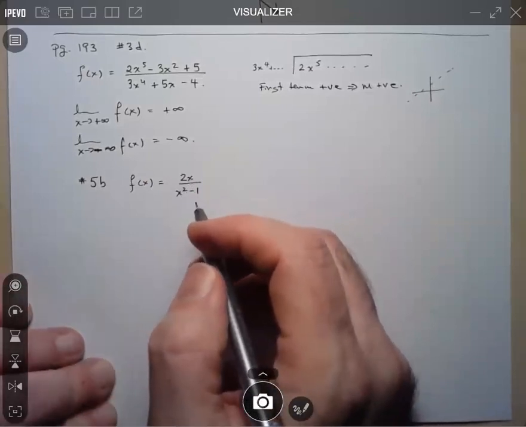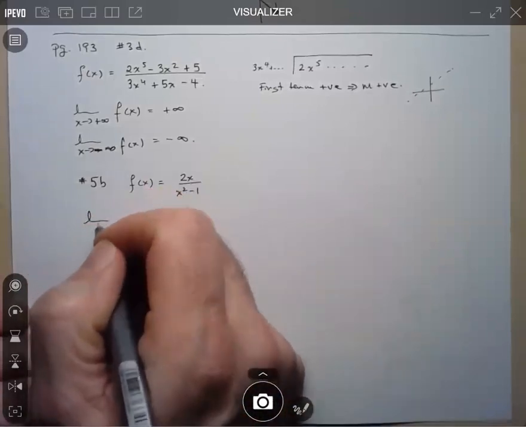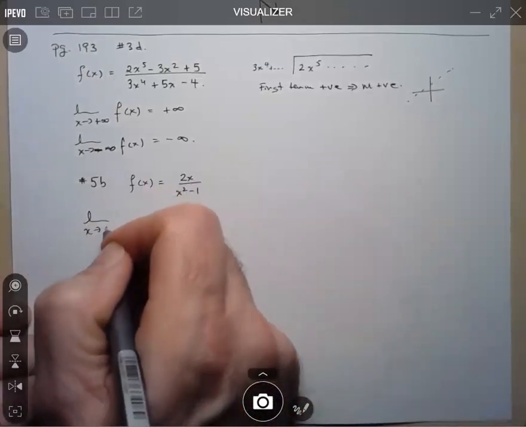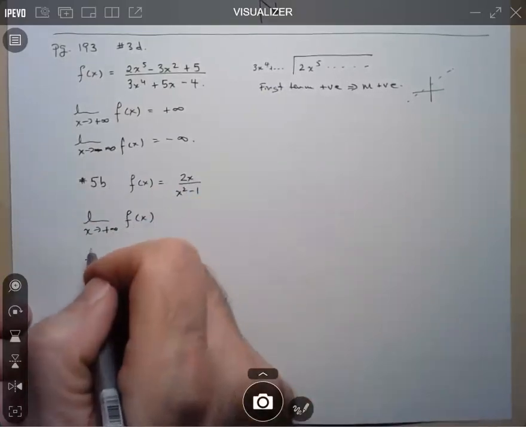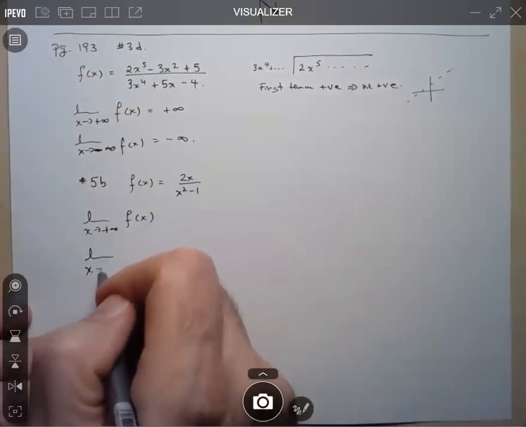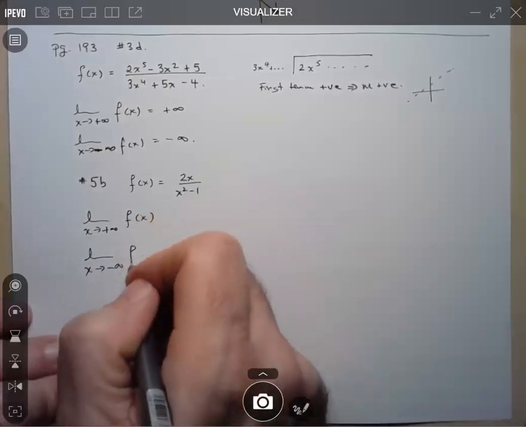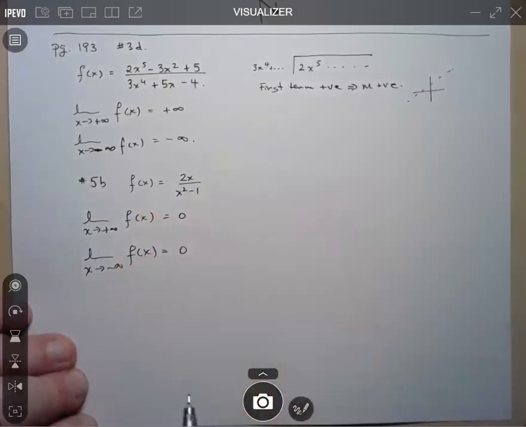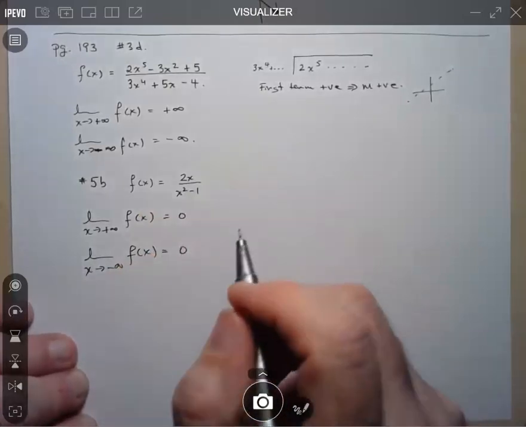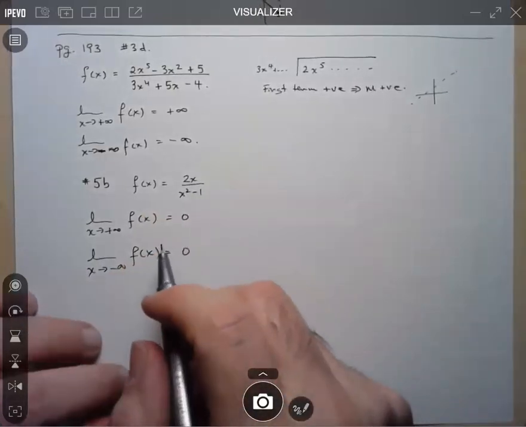So I'm going to look at the limit as x approaches positive infinity, and then I'll take a look at the limit as x approaches negative infinity. I know these are both going to approach 0, but they want a little more. Is it approaching 0 from above or below?